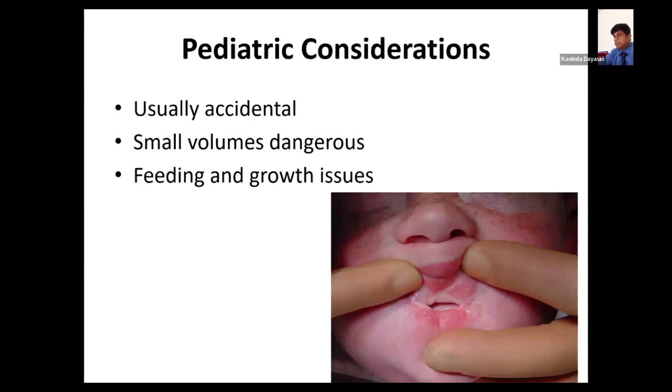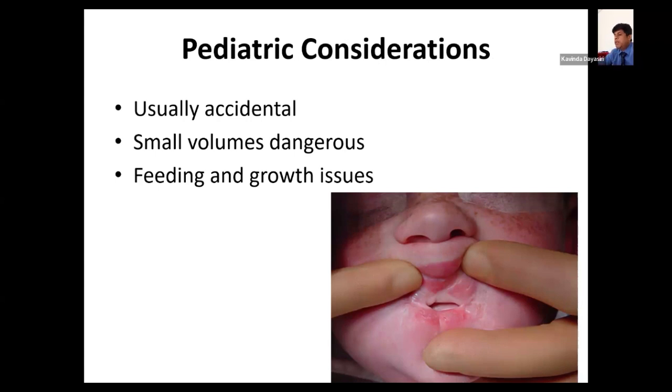Pediatric considerations. It is mostly accidental. Deliberate ingestion is quite rare unless you see it in teenagers. But children have smaller and more immature body organs, so even a small volume can result in significant damage.